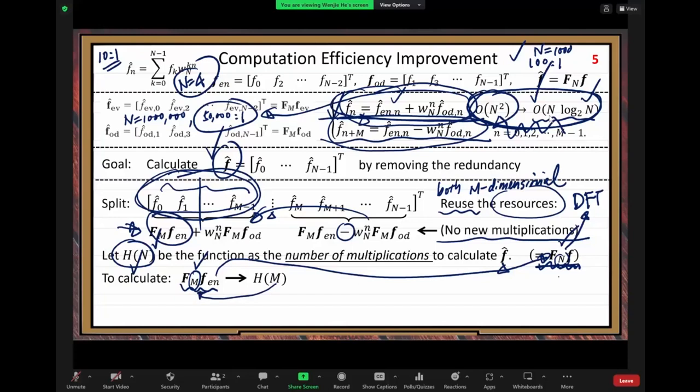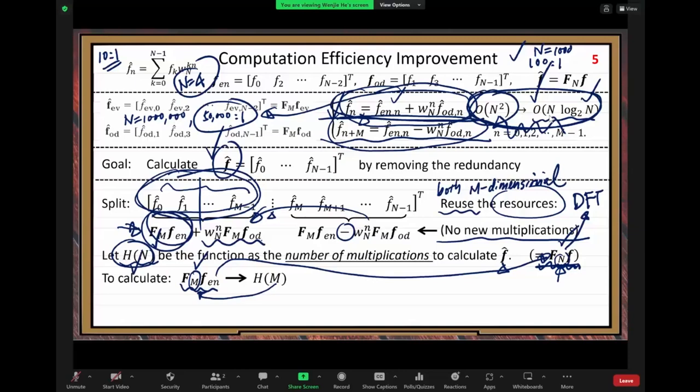So that's the connection. But this product is for the first term, and now we need to calculate also the second term, another round of computation.